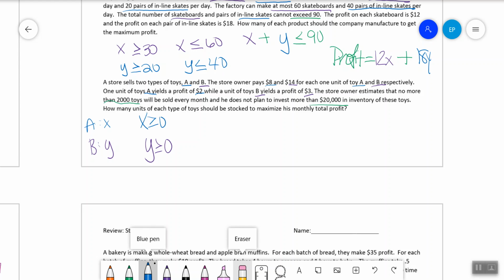So the next one I want to do is I want to look at the money. So he's going to pay $8 per A toy and $14 per B toy. So $8 and then $14 added together is not going to go more than the 20,000.